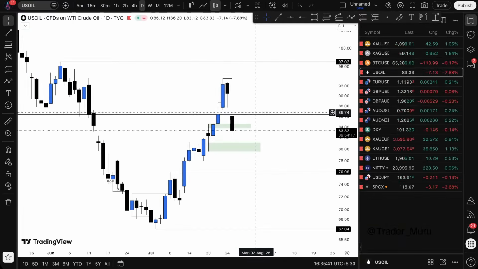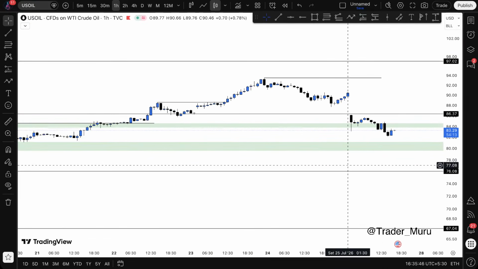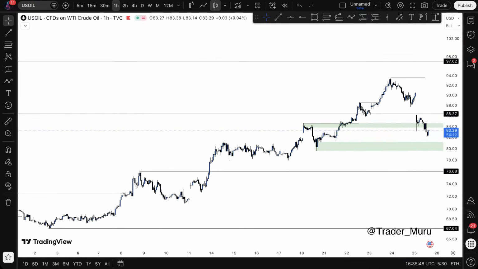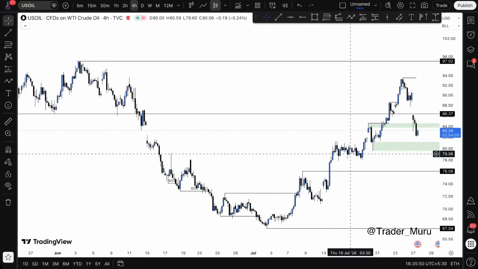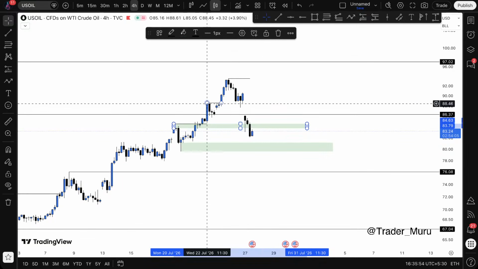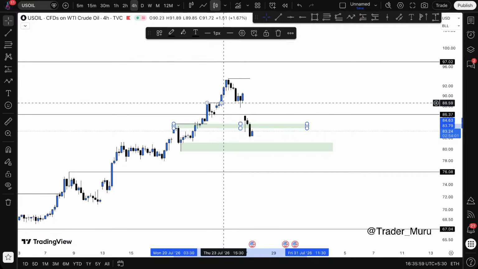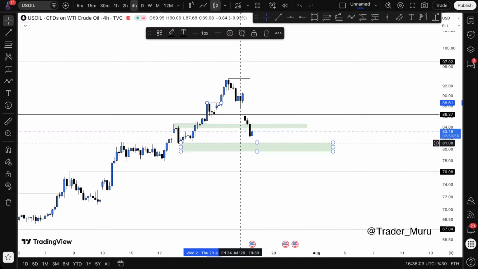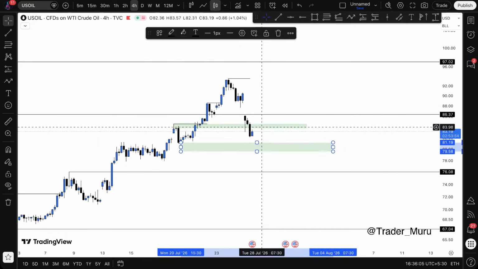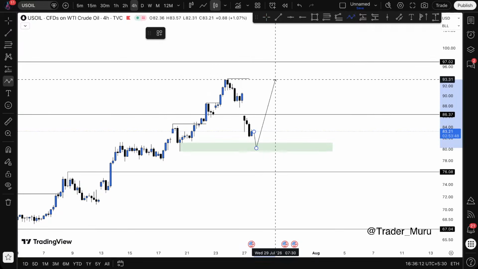US oil has changed its 1 hour structure. Now we have to look for a 4 hour structural area. As I talked about, this is not a perfect retracement. We were talking about this on Friday, that if this area breaks, price will test this green zone, and from this green zone US oil will be bullish again.